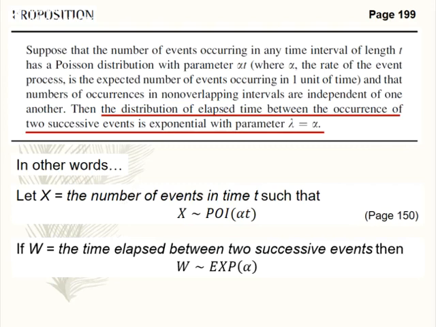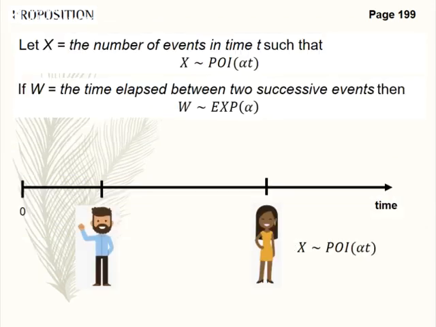Now the last sentence is the one that I have written in this form, almost word for word. Let's look at the whole thing put together. If I have some event that follows a Poisson process with parameter alpha t, it could be the arrival of my customers, so the number of customers that arrive follows a Poisson with parameter alpha t.